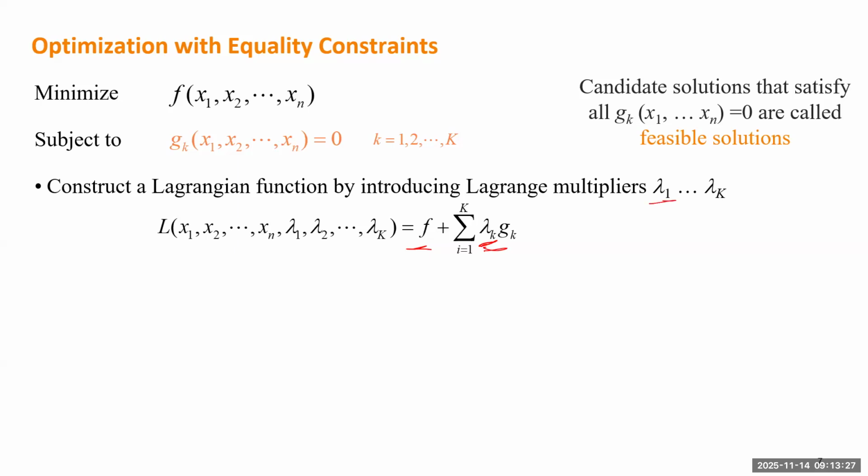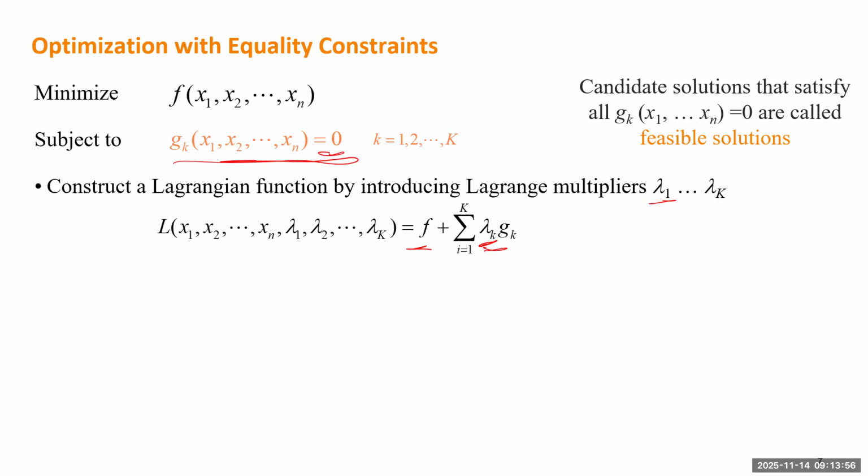Lambda is called the Lagrangian multiplier, which is like a penalty or price you're going to pay for violating that constraint. Each constraint is supposed to hold, which means the g here has to be 0. If it's not 0, a non-zero value multiplied by the price will be the cost added to the Lagrangian function. That will increase your cost.